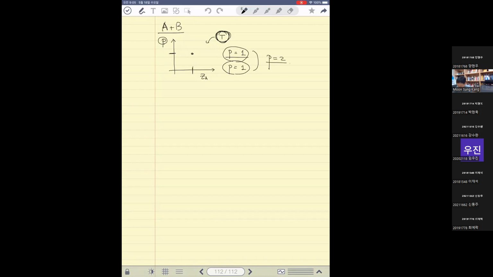Now we are going to talk about a phase diagram, this time where we're going to have pressure being constant, and we're going to see the temperature versus composition relation.